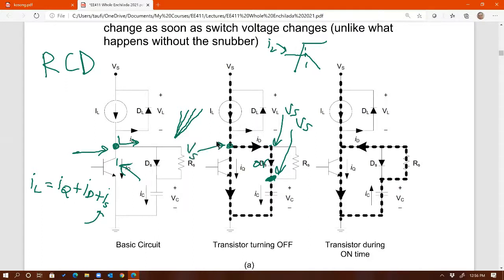Eventually, it's going to reach Vs, but the time to reach Vs depends on the size of that capacitance, as well as how high Vs is. For the same capacitance, if Vs is larger, then it'll take more time to reach Vs. Okay, any questions?